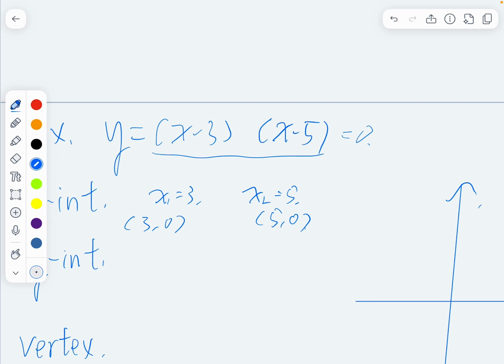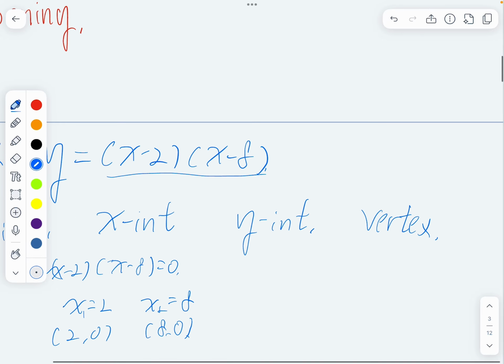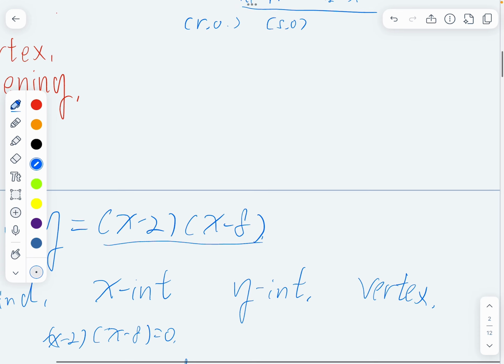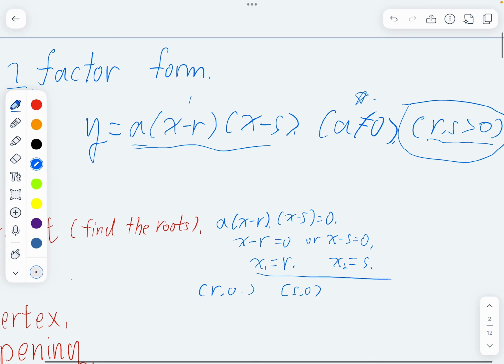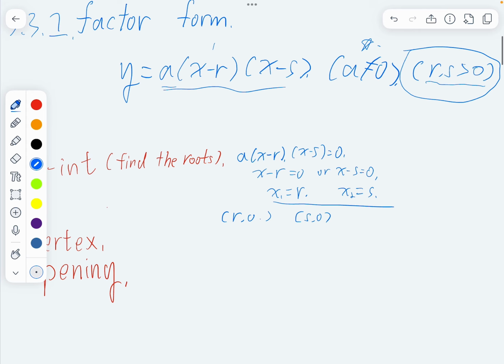The next one is the vertex. How do we find the vertex from the factored form? It's the same step as the last section.